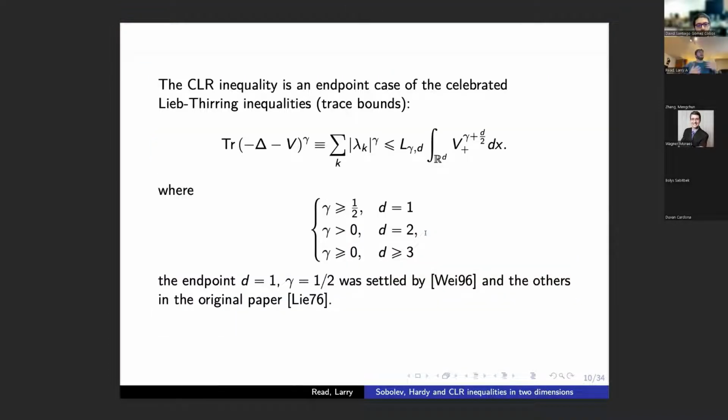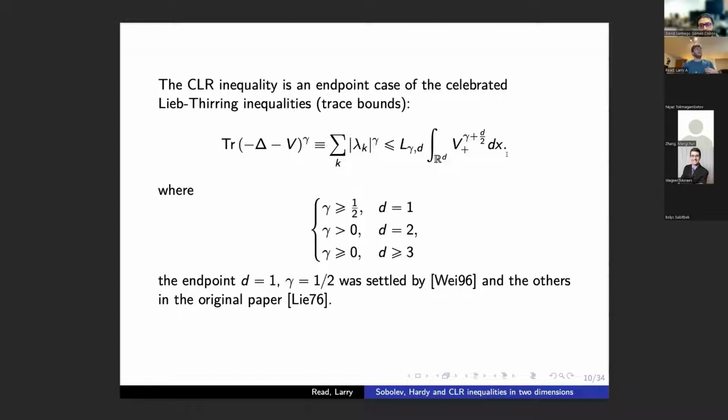So the CLR inequality is actually an endpoint case of a more general class of spectral inequalities known as Lieb-Thirring inequalities, or trace bounds, where the sum of the gamma powers of the negative eigenvalues of a Schrödinger operator here with positive potential v is less than some similar bound on the right hand side.